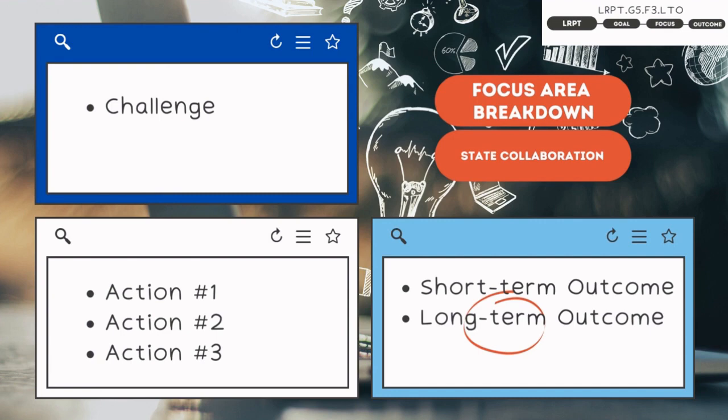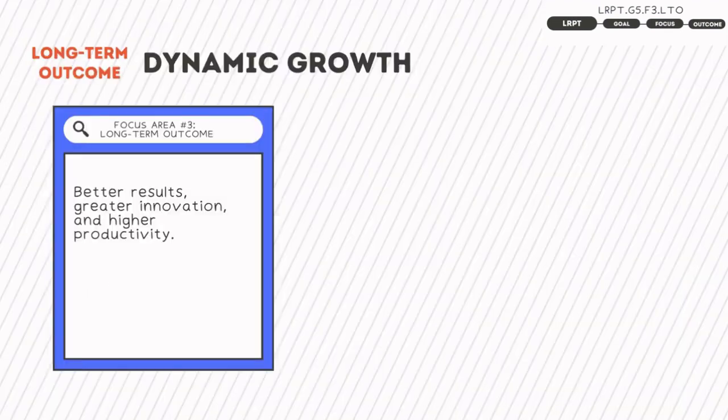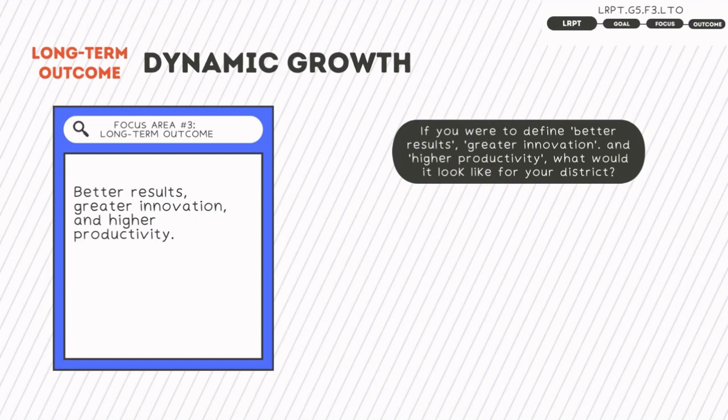Lastly, let's review the long-term outcome. The long-term outcome of this focus is better results, greater innovation, and higher productivity. If you were to define better results, greater innovation, and higher productivity, what would it look like for your district? What would collaboration that led to these benefits look like?